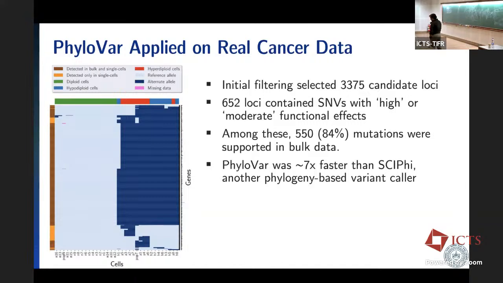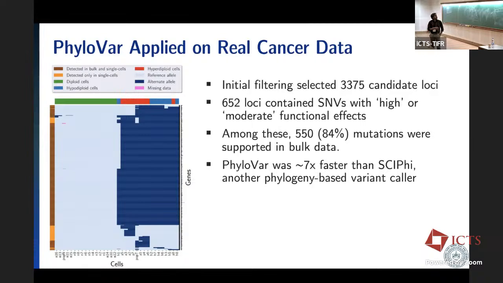Now you might ask why we are looking at bulk data. If the mutation is also present in the bulk data, that means we are reliably able to detect the mutations that are present in bulk data. Plus, we are also finding some new mutations, right?